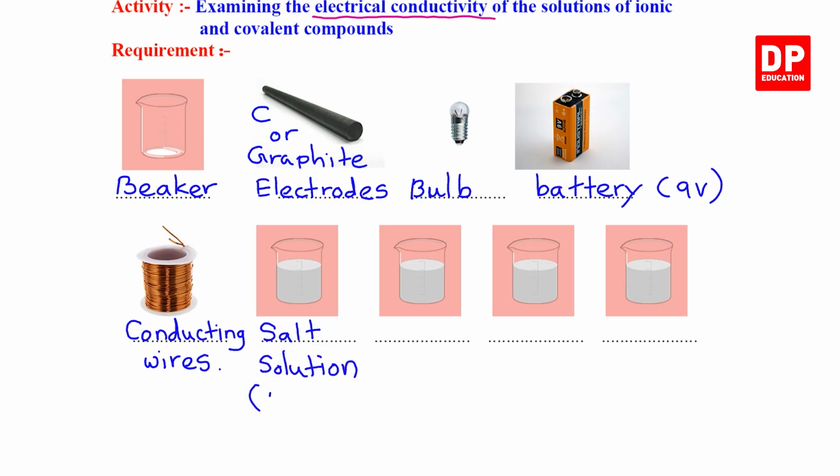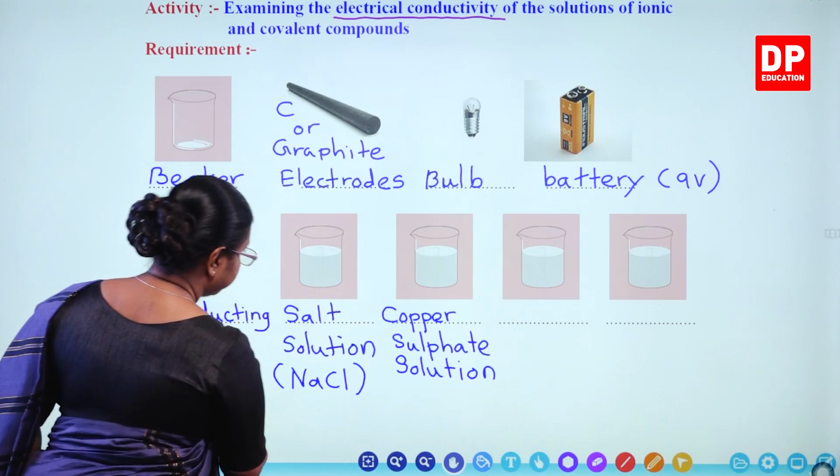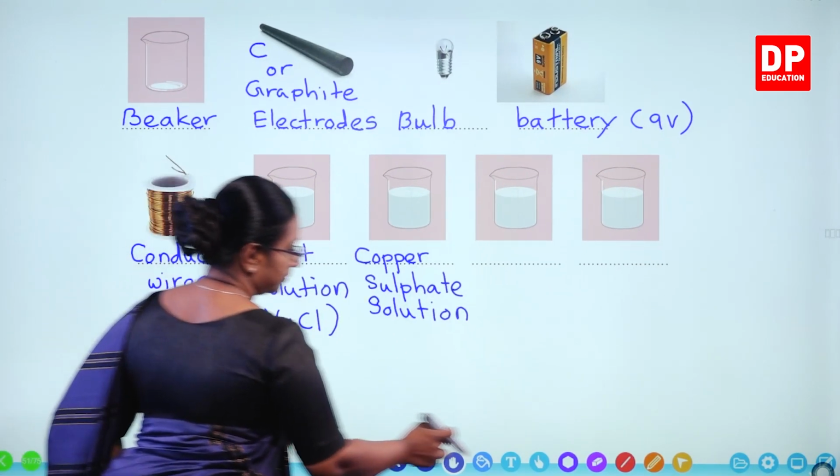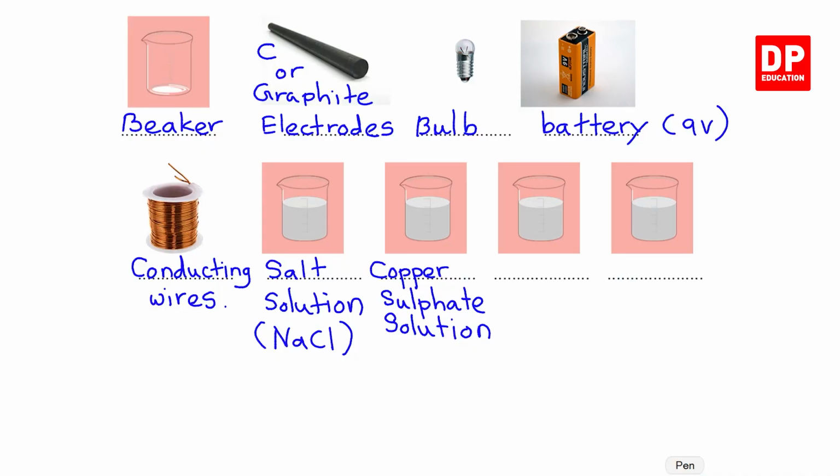that is the common salt, NaCl. Then we need copper sulfate solution, that is CuSO4.